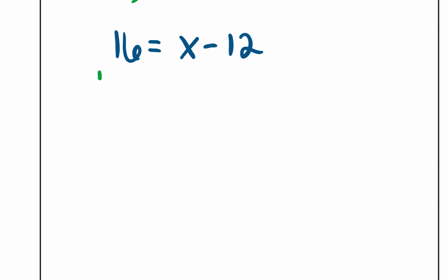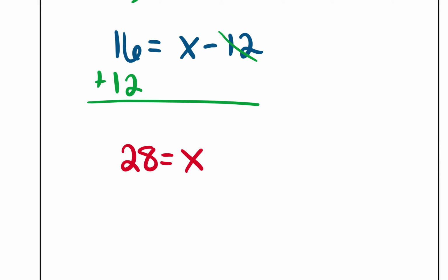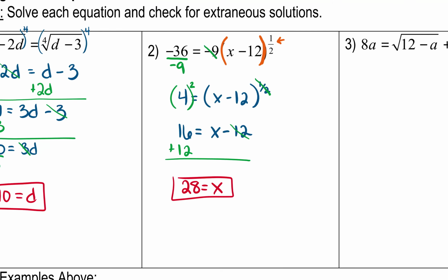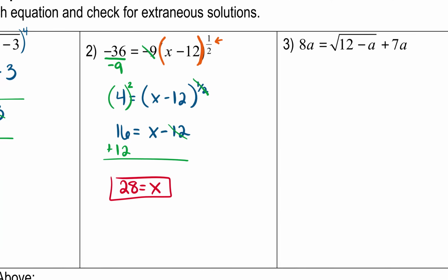I just add 12, and I can find x. So on this one, you get 28 equals x. And that's my answer. And again, I don't have a letter, like no x or anything outside the parentheses or outside the square root, so I don't have to worry about extraneous solutions.